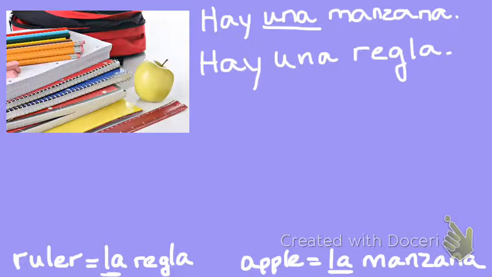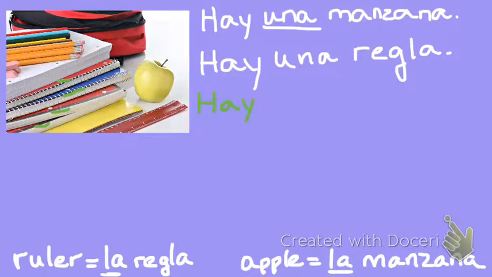Let's go ahead and count notebooks. Both of the examples that we've done so far were for singulars because there's just one apple and one ruler. But you can see from the picture that there's more than one notebook. So let's go ahead and count how many there are. I see 1, 2, 3, 4 notebooks. So I'm going to go ahead and say, what would I start with? What's my first word for saying there is or there are? Hay, right?